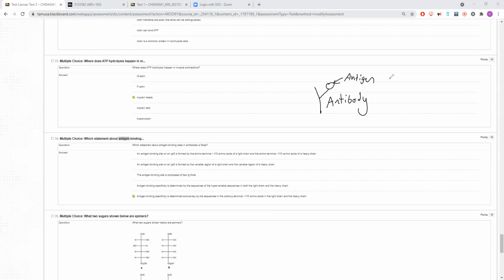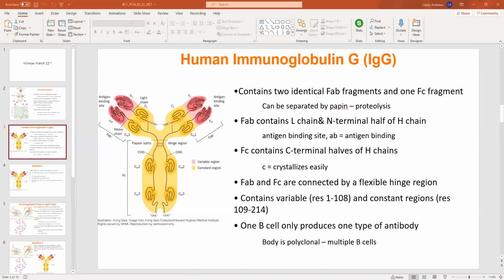What I'm going to do is open up the antigen slide and then read off the questions and tell you why they are true or why they are false. I'm going to switch screens so we can look at the antibody here.